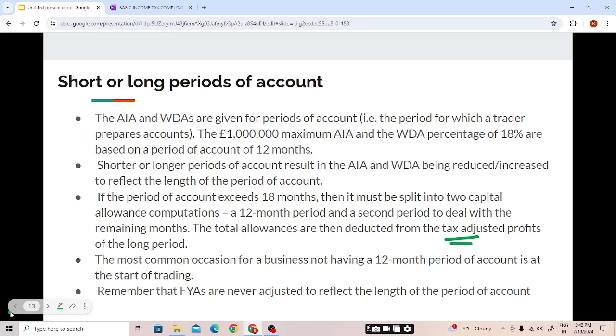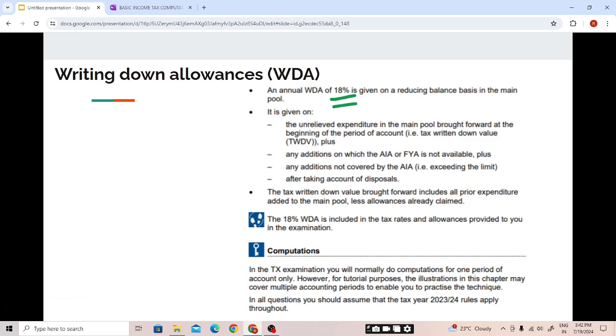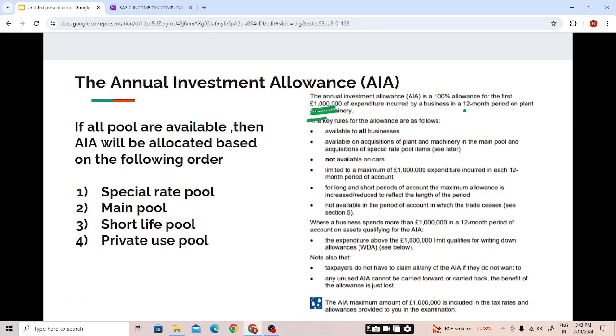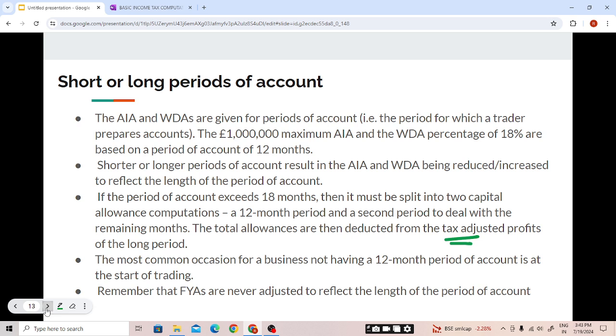The 18% is for a 12 month period, and the 1 million pound of AIA is also for a 12 month period, and these need to be increased.